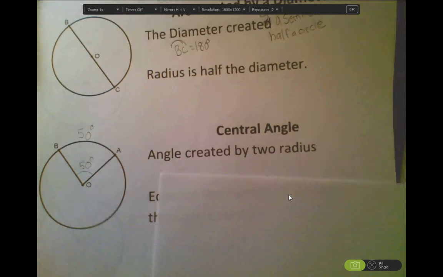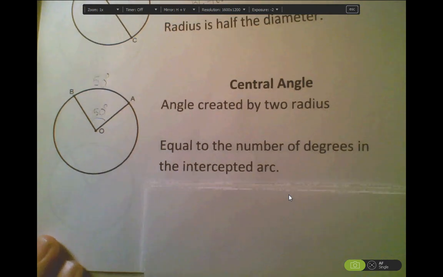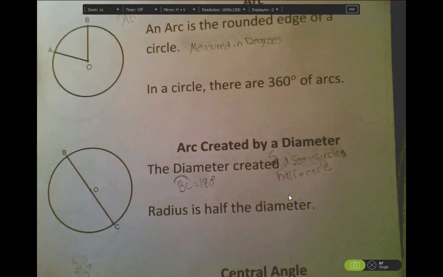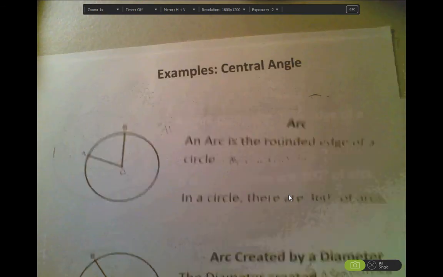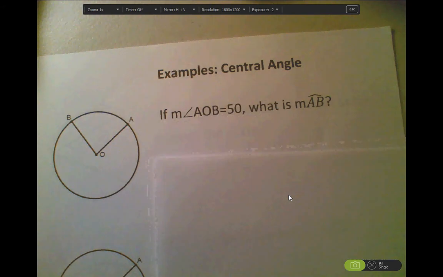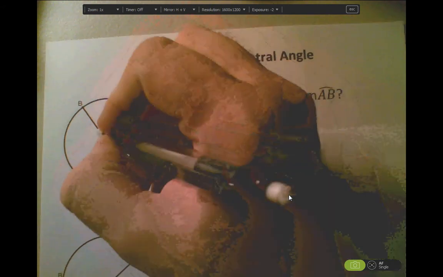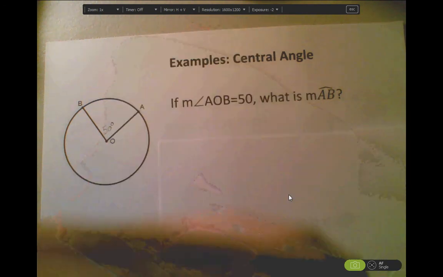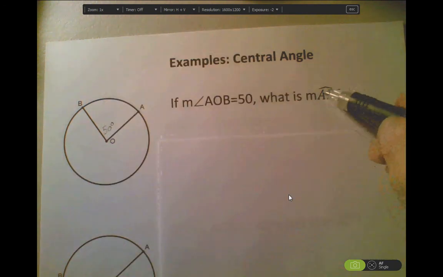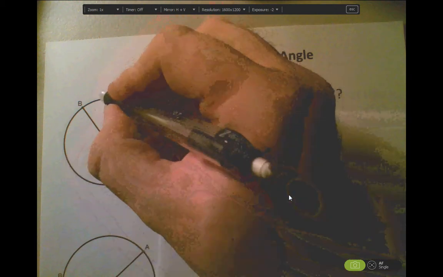It's an easy concept, but just make sure you understand. Let's go through a bunch of examples, and you can feel free to pause the video and do these on your own. The first one: the measure of angle AOB is 50 degrees. We just went over this one. I want to know the measure of arc AB. Arc AB is equal to it, so this is 50 degrees.